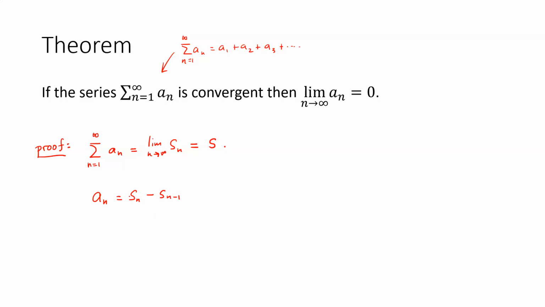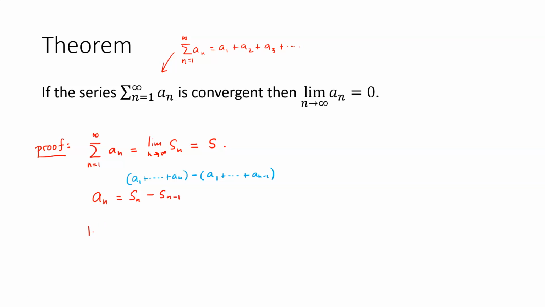This is because here Sn would be summing up a1 to an, Sn minus 1 would be summing up a1 to an minus 1. And so if I'm subtracting them, all the terms are going to cancel except for an. So all that's left is an.